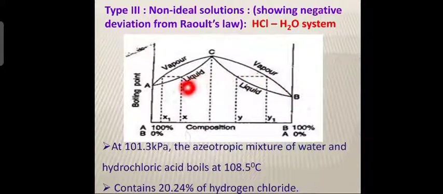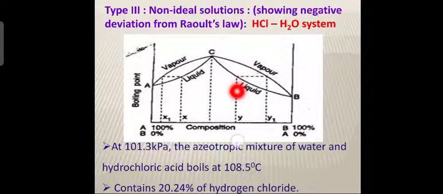Alright. Now take the mixture with composition x1. It will boil or distill at this temperature, and the vapor phase has this composition, the liquid phase has this composition. Finally, by repeating this process you will get up to the point C, that means the azeotropy mixture. Now consider the composition y1, it will boil somewhere here, corresponding to this temperature.